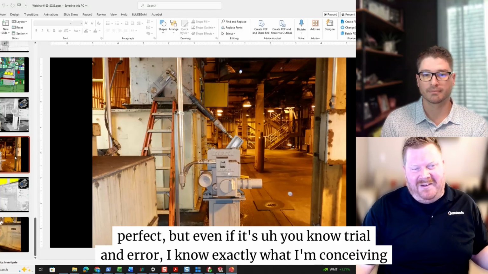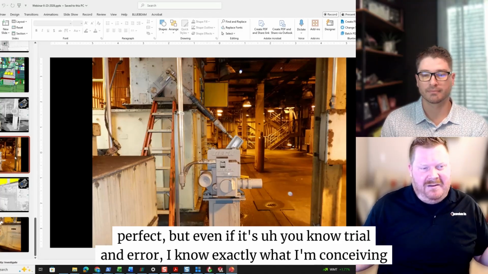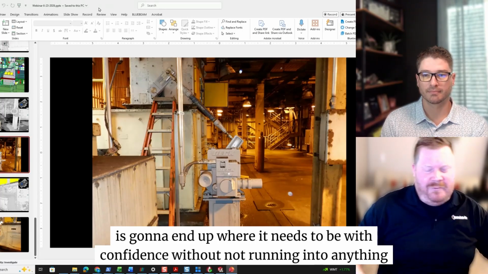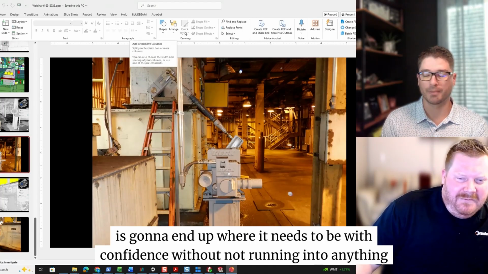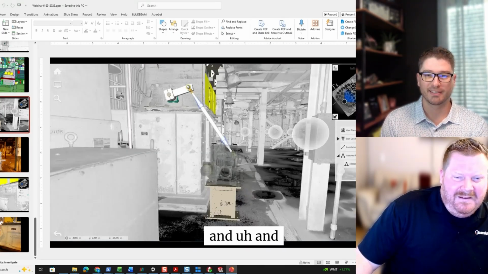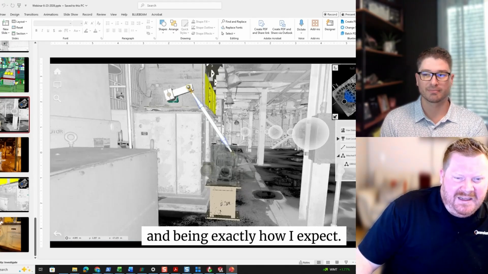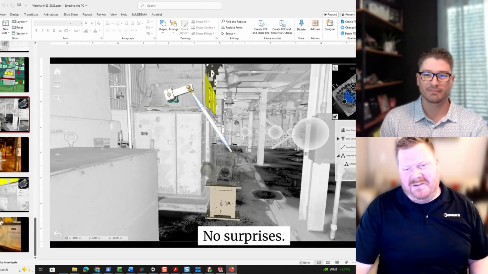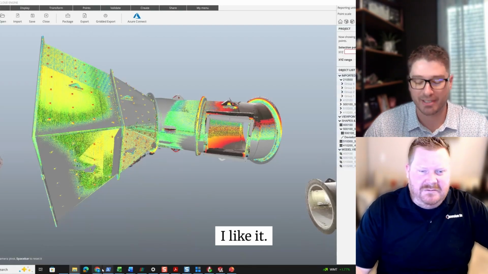But even if it's trial and error, I know exactly what I'm conceiving is going to end up where it needs to be. Great. With confidence, without running into anything, and being exactly how I expect. No surprises. No surprises. I like it.